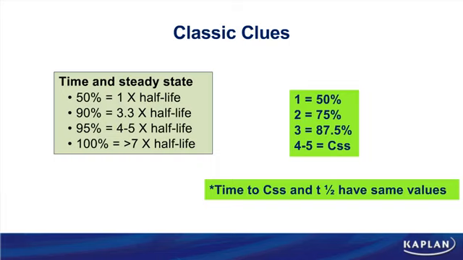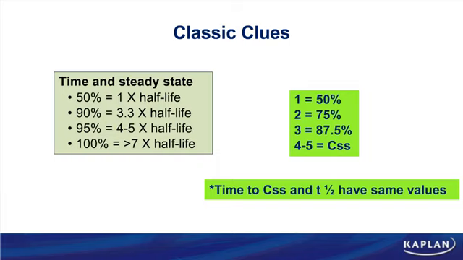It takes a lot longer to reach mathematical steady state. Clinically, when we get around 93 to 96% of the way there, that happens in 4 to 5 half-lives, we call that clinical steady state. It's almost like, hey, we're close enough. We'll take that. You're not at 100%, but you're very, very close.